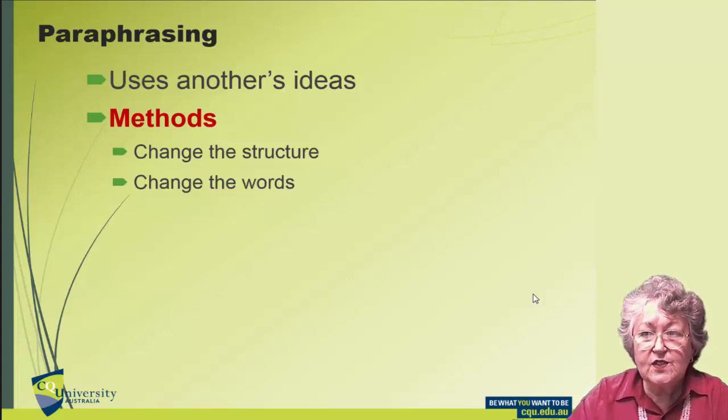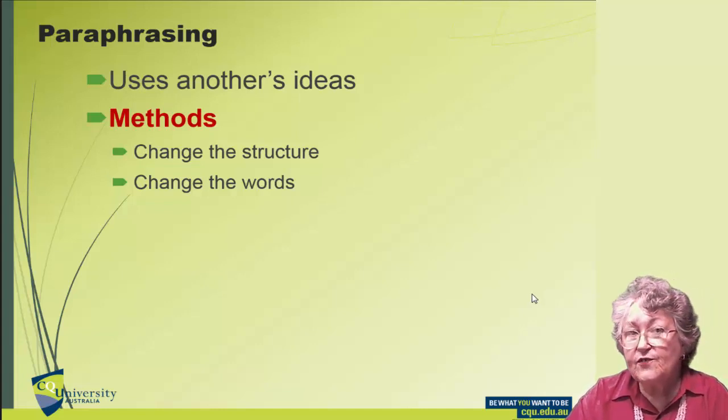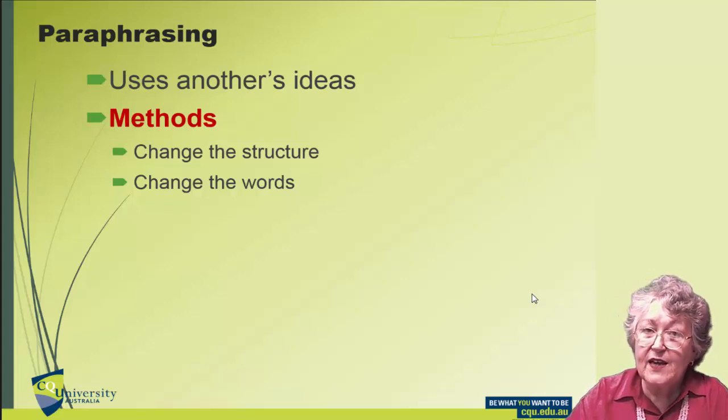You can change the words as well, and changing the words is very handy, but please be aware that if you are just simply going to take some information and change a few words and claim that that is paraphrasing, then you might actually be quite mistaken, because words cannot easily be swapped over, so you need to maintain the integrity of the sentence that you are paraphrasing as well.